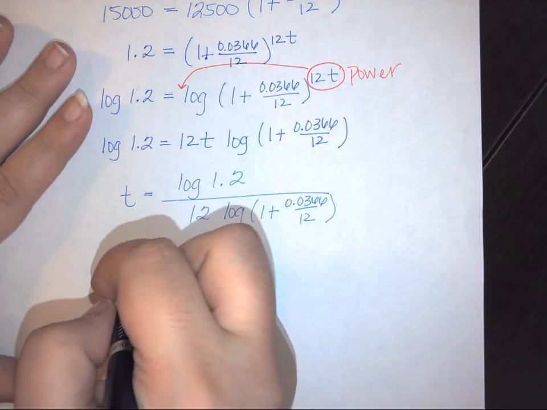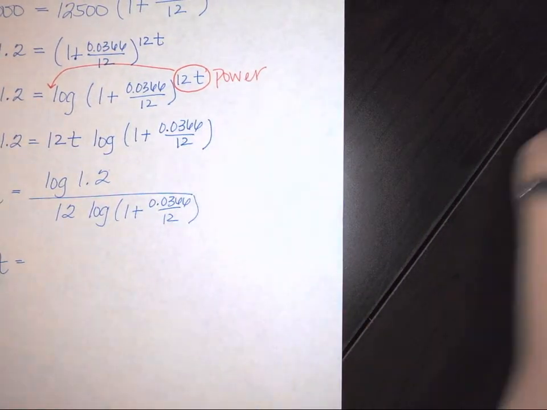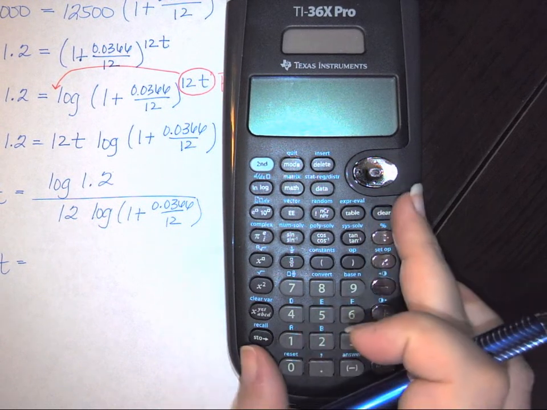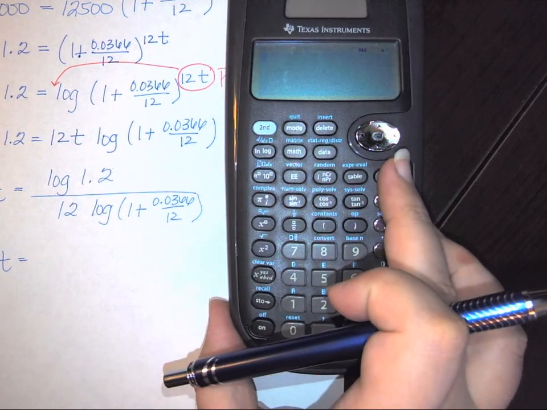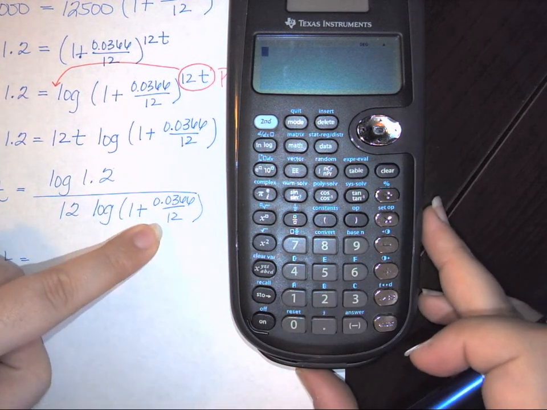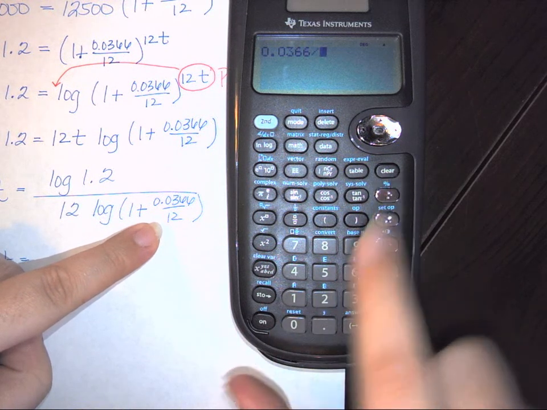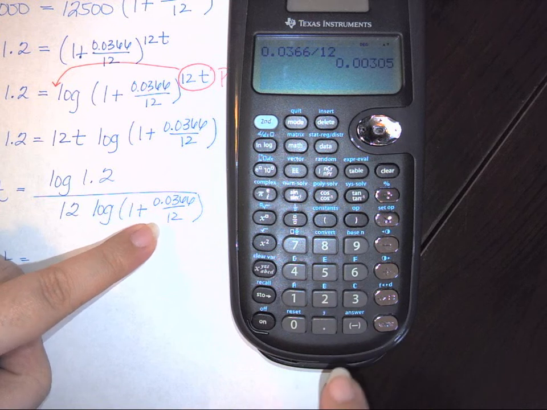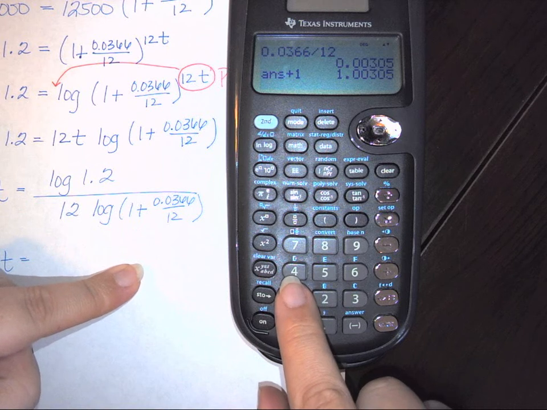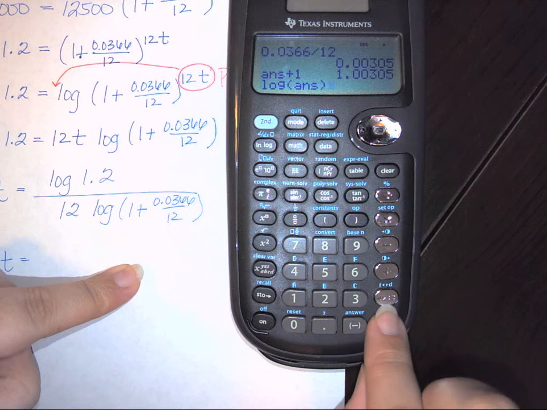So that would be considered your exact answer, but since we want to know how long it's going to take, we need to actually solve this down, which means we need to pull on that calculator. So here we go. I'm going to work from the bottom and from the inside out. So we have 0.0366 divided by 12 and hit enter. Now we're going to plus 1 and hit enter. Now I'm going to do the log of that answer and hit enter.